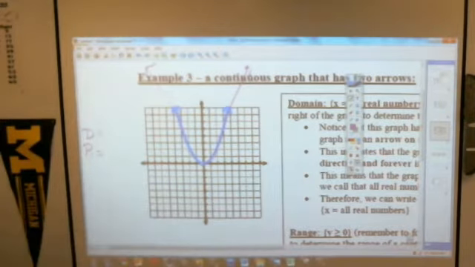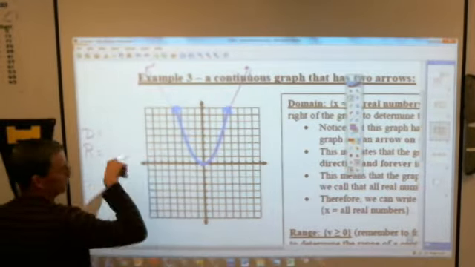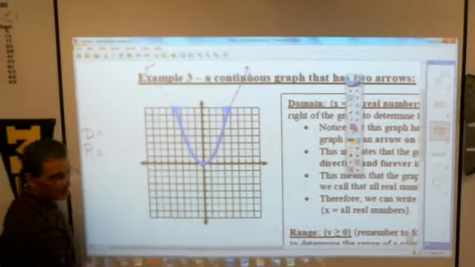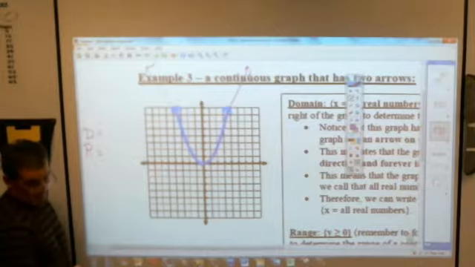Who thinks they know what the domain is? What can x be? Where does x start? Where does x stop? Thinking about the x-axis, these numbers here. How far does it go this way? Where does it start on the left side? Where does it end on the right side? Never. Never. So what's my domain?